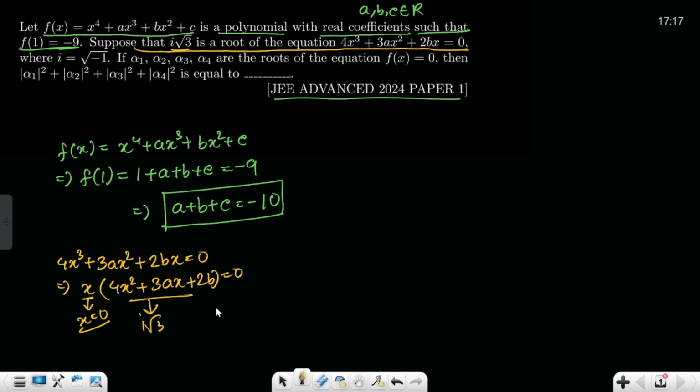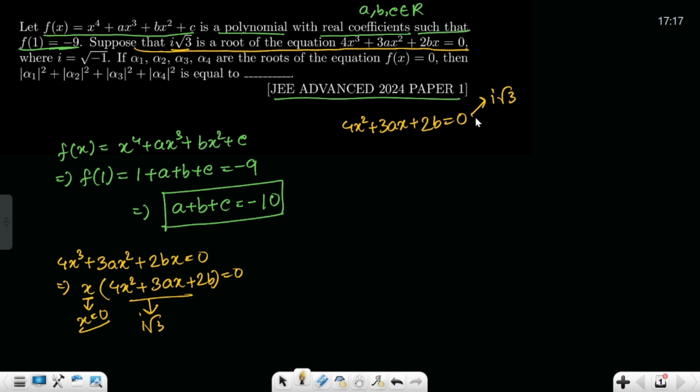If we consider this quadratic part as a separate quadratic equation, then that will be 4x^2 + 3ax + 2b = 0. Now, one root of it is i√3. Remember that if any quadratic equation having real coefficients has one complex root, then the other one will be the conjugate of the previous one.